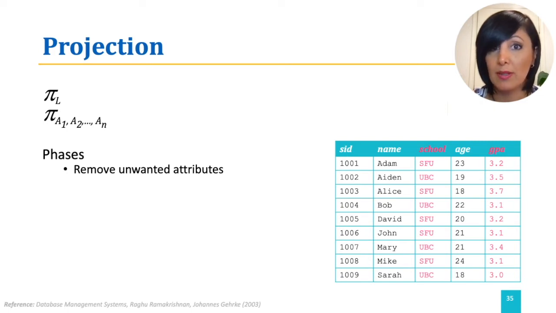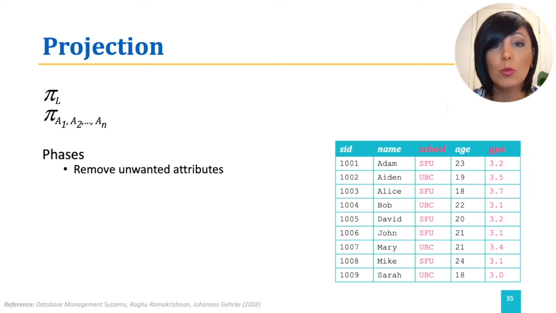For example, the tuple with SID 1001 has a school as SFU and GPA as 3.2. The tuple with SID 1005 also has exactly the same values for both of the projected attributes. We might actually want all duplicate values and can specify that in our query.